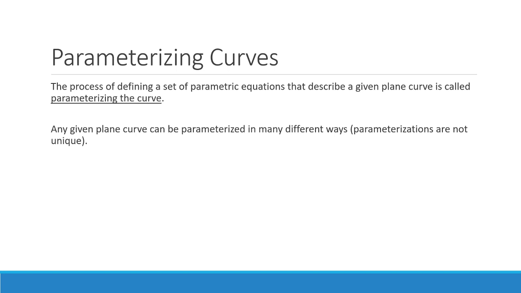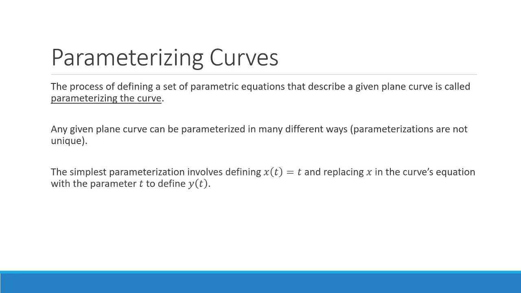The way we do this is by defining a parameterization for our independent variable and then replacing that into the equation in order to find the other parametric equation. So as you can see here, the simplest one involves just saying x of t is t, and then replace the x in the curve's equation with the parameter t, and you get your other equation y of t.